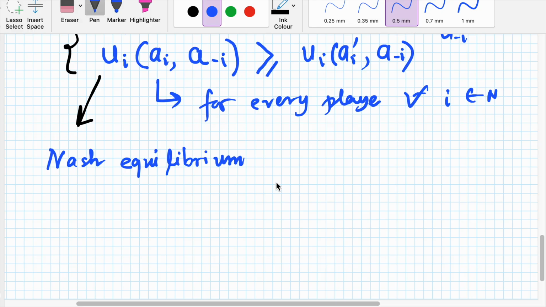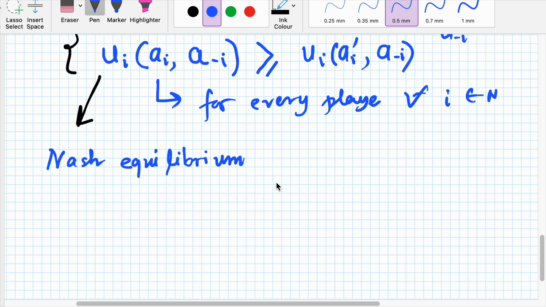Now the definition does not say that for every game there should be an equilibrium, since this corresponds to players' pure actions. So this is not telling that for every game there exists a Nash equilibrium with pure actions, and it is not saying that it is unique.